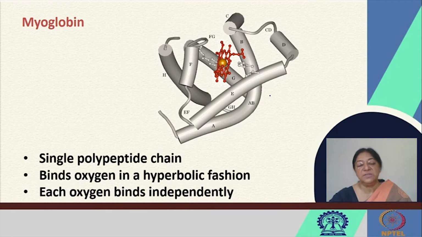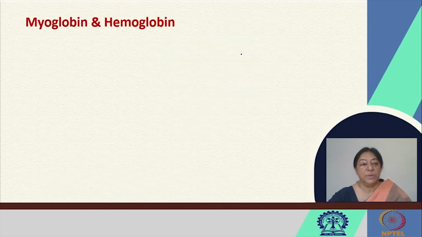It is comprised of several helices, as we can see marked in this figure. Here is our heme moiety, and the iron, shown as this golden sphere, has the specific coordination with the histidine residues present in myoglobin.